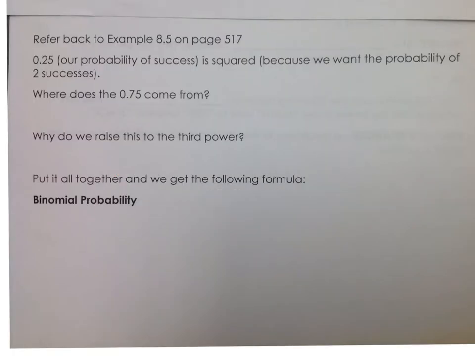So we know that 0.25 is our probability of success, and so p is 0.25. I want you to recall that we are looking at n children, 5 in this case, so this is a binomial distribution, 5, 0.25.